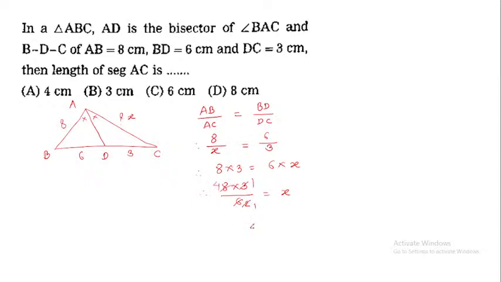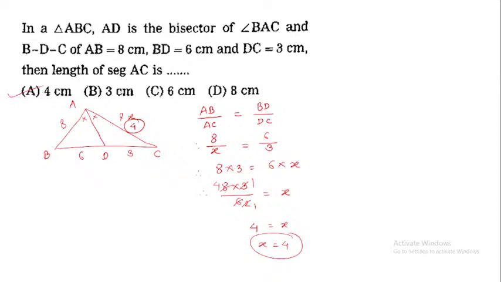So 4 into 1, that's 4, is equal to X, that is X is equal to 4. So the length of segment AC is 4 cm. So this is given at alternative A. So the first option is the correct answer for this one.